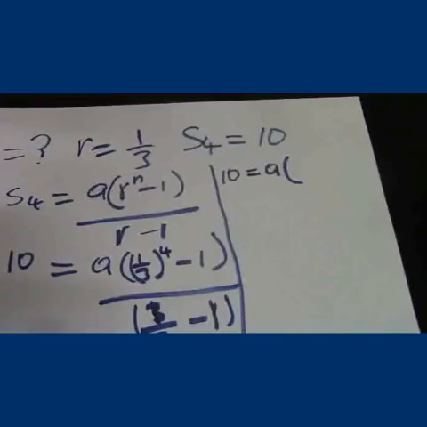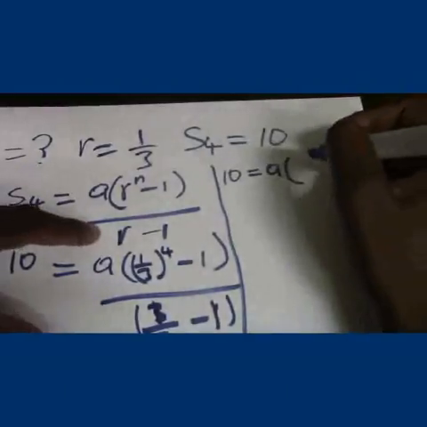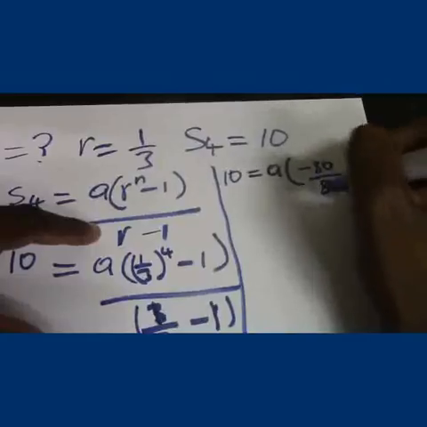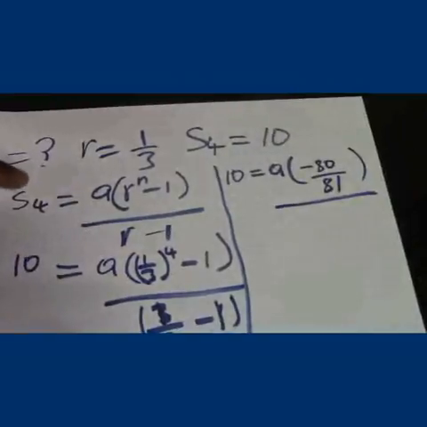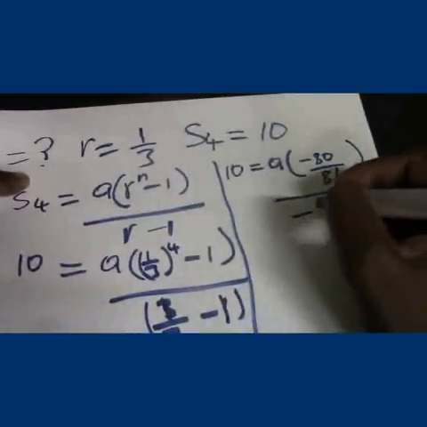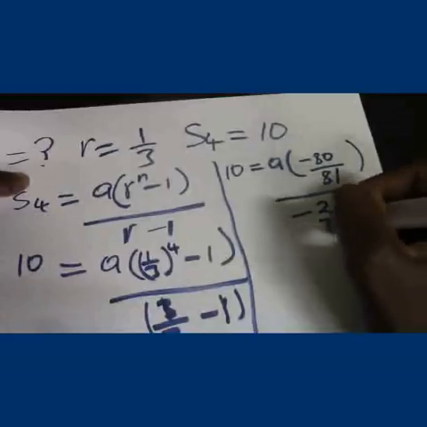That thing is negative 80 over 81 inside. Then below it is negative 2 over 3 minus 1. Negative 2 over 3, negative 2 over 3.